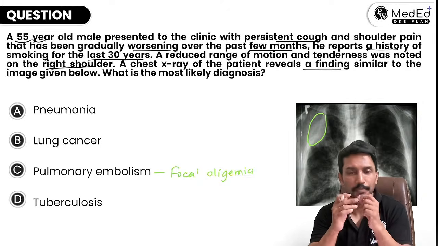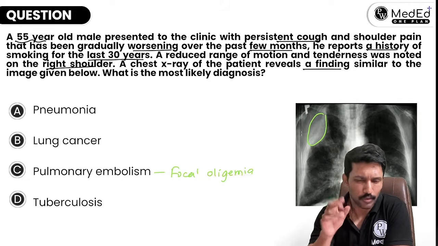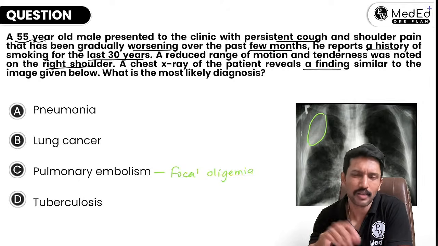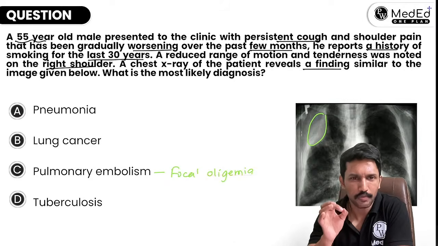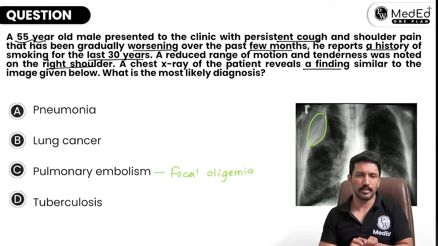And even more important, X-ray is not a good investigation for detection of pulmonary embolism. Whatever we talk about, like Westermark sign, focal oligemia, Hampton hump, they're all rarely encountered. The good investigation for pulmonary embolism is CT pulmonary angiography. That's the standard investigation. Okay, so I'm not thinking about pulmonary embolism here.